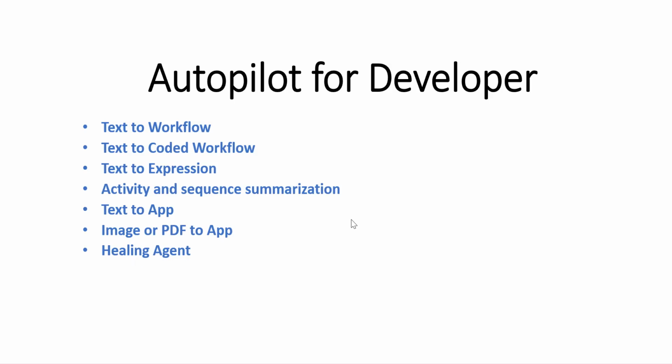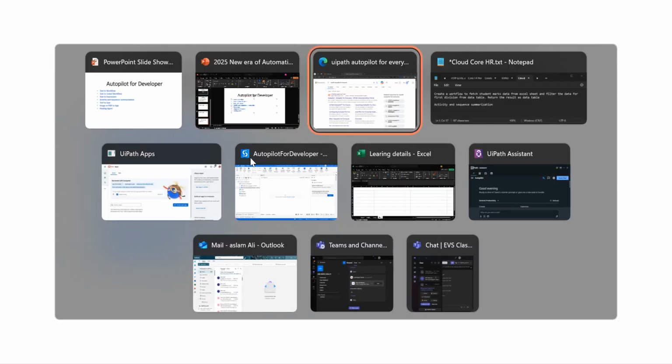So right now I'm looking at these features, but hopefully we'll have others. Right now we'll explore these features and figure out what is the benefit of this autopilot to the developer by using these features. So let me go to the site.